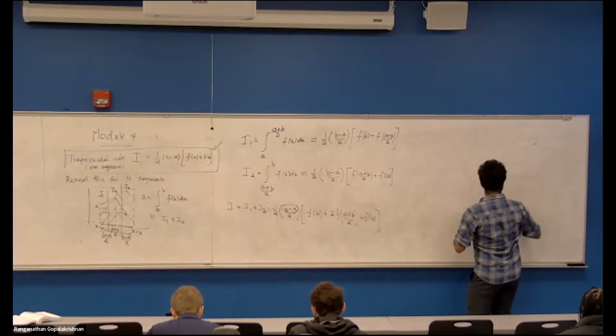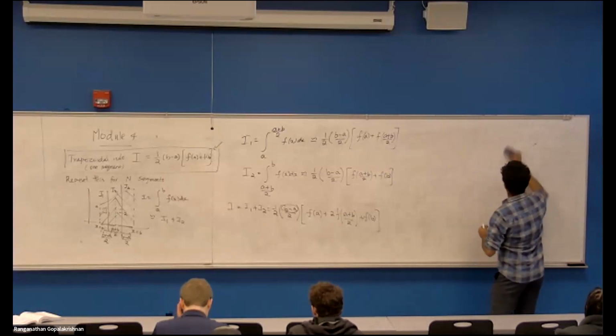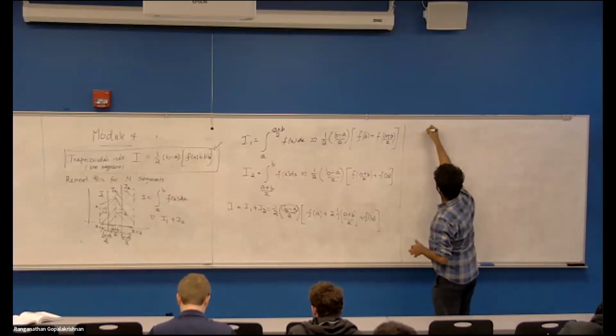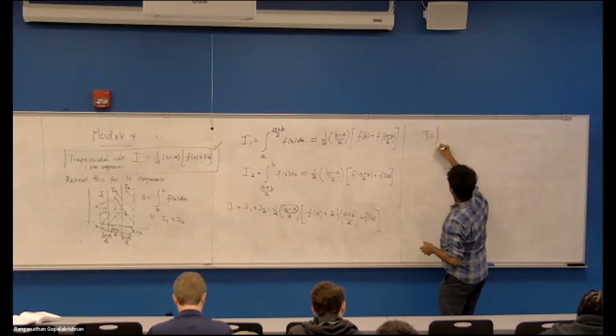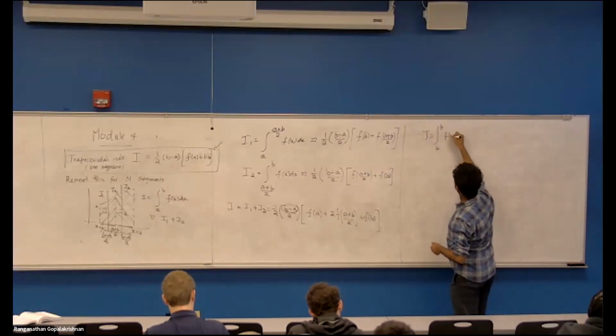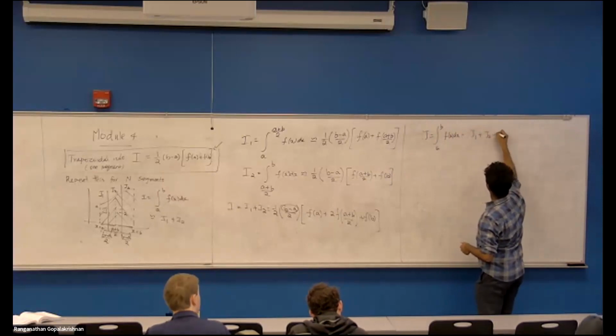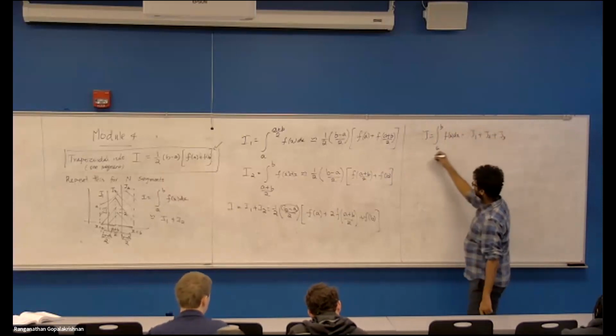So we applied the trapezoidal rule twice and got a formula. Now I'm asking you to write J equal to the integral from a to b of f of x dx, and I'll write it as J1 plus J2 plus J3.